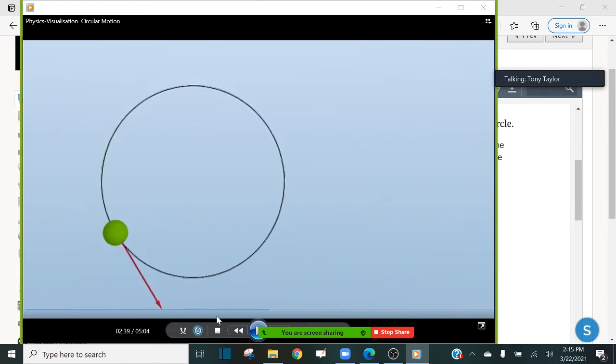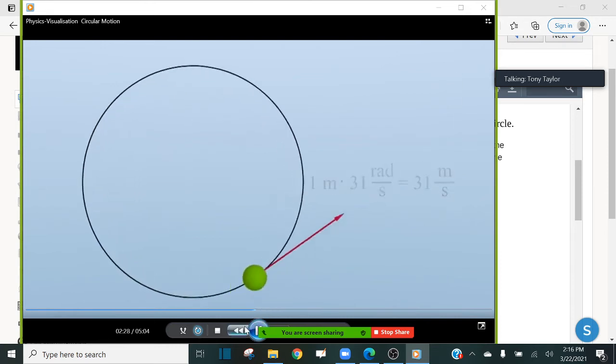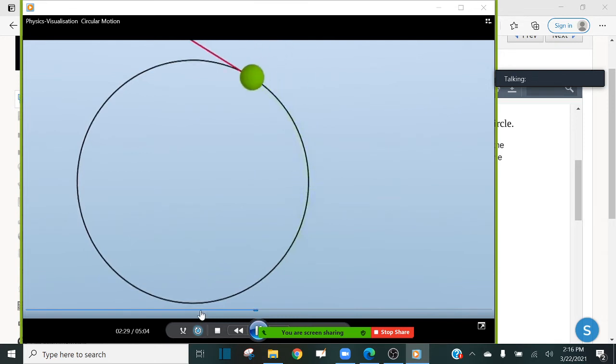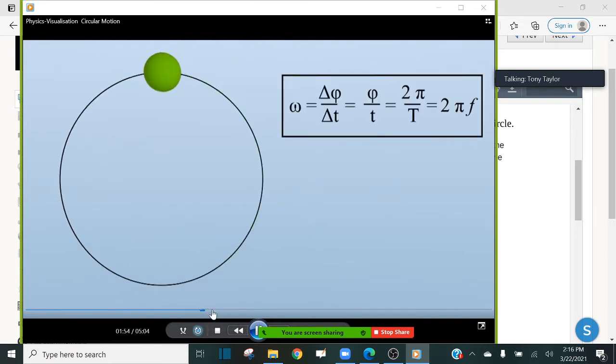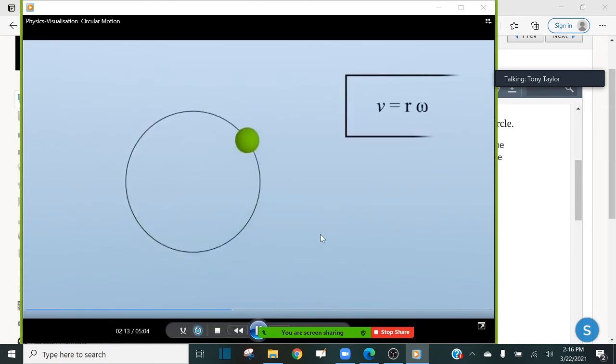So that's what a tangential velocity vector is: it shows us the magnitude of the velocity and its direction. The important thing for you to know is that every object moving in a circle has a tangential velocity.